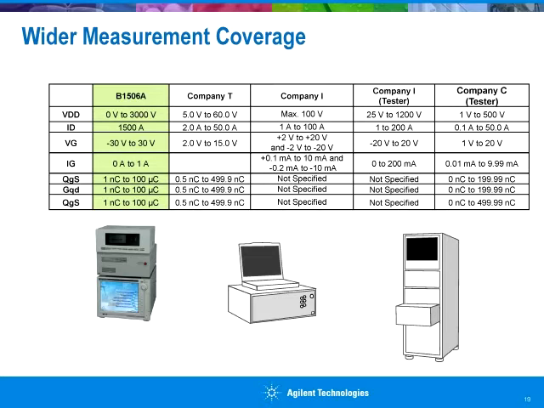QG range is up to 100 microcoulomb, while others can only measure up to 500 nanocoulomb. This capability allows the B1506A to measure big size IGBTs, which cannot be measured by existing solutions.